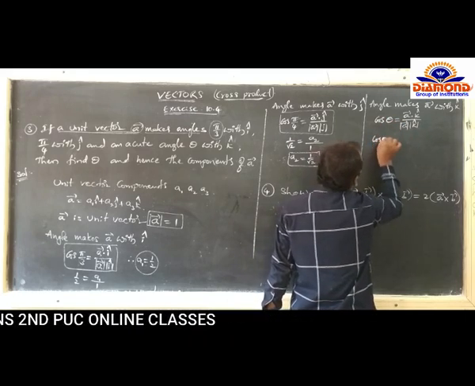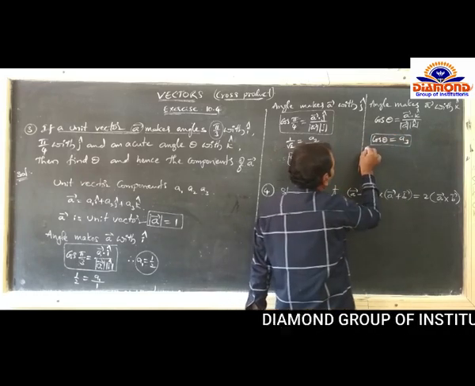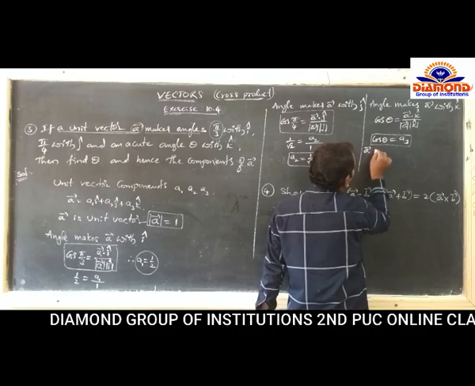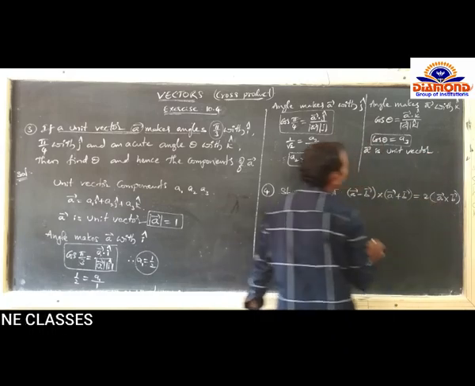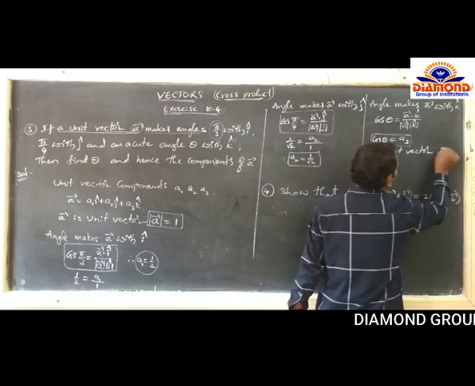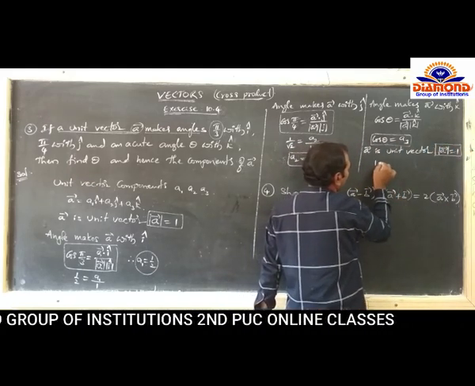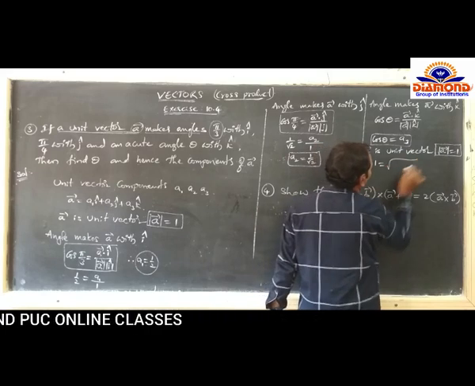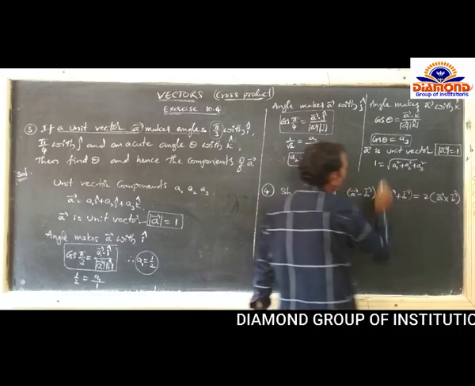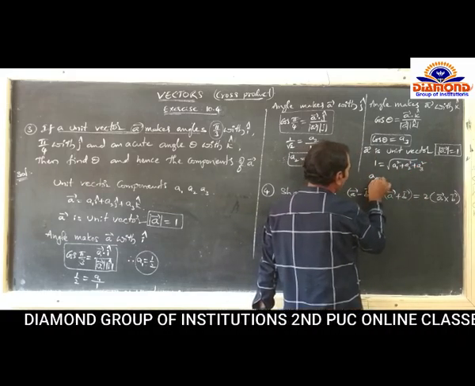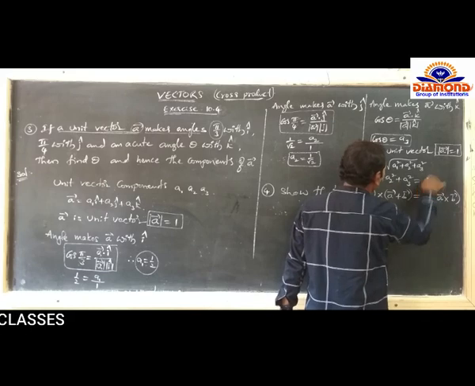So cos theta equals a3. A is a unit vector, its magnitude is 1, so 1 equals the square root of a1 square plus a2 square plus a3 square.